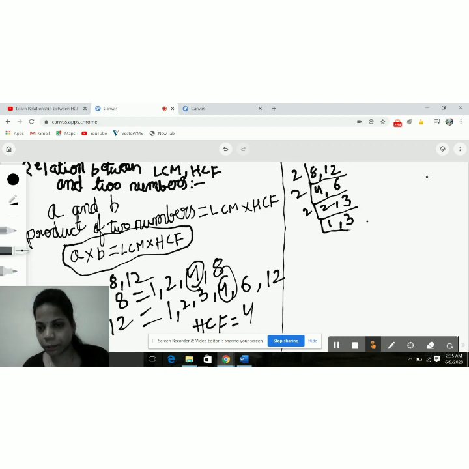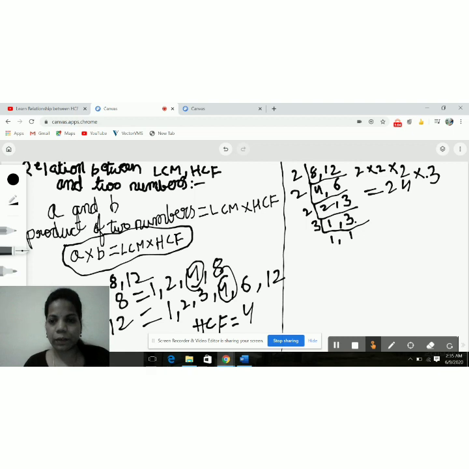Next 3 table. 1 and 1. So LCM is equal to 2 into 2 into 2 into 3. That is equal to 2 2s are 4, 4 2s are 8, 8 3s are 24. So LCM is equal to 24.